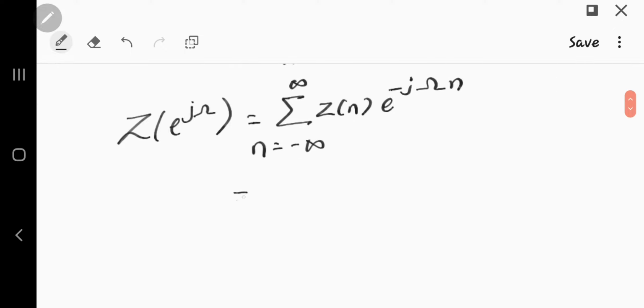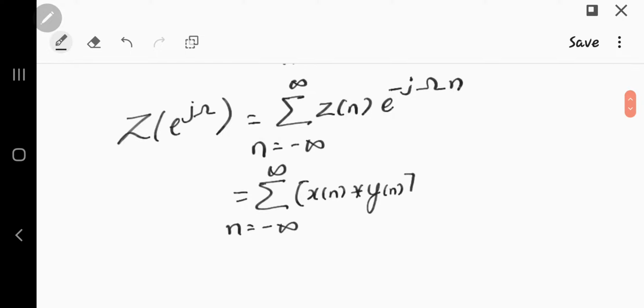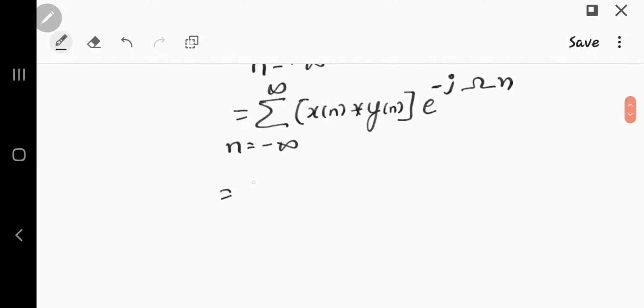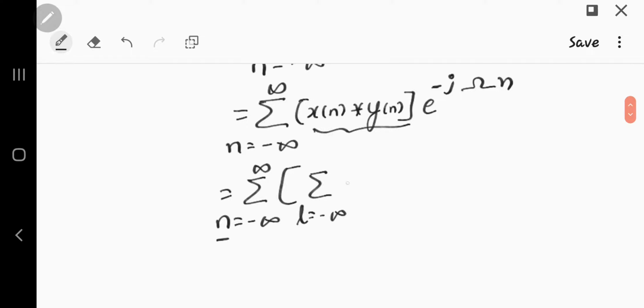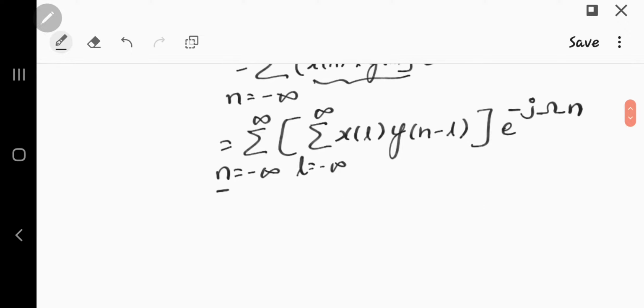Now let's substitute the value of z here, x of n convolved with y of n, e power minus j omega n. From the definition of the convolution sum, we can write this term as summation over some other variable l, varying from minus infinity to plus infinity, x of l y of n minus l, e power minus j omega n.